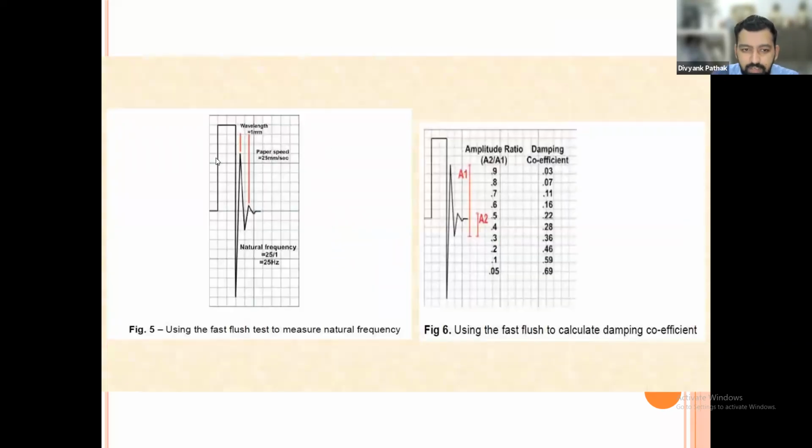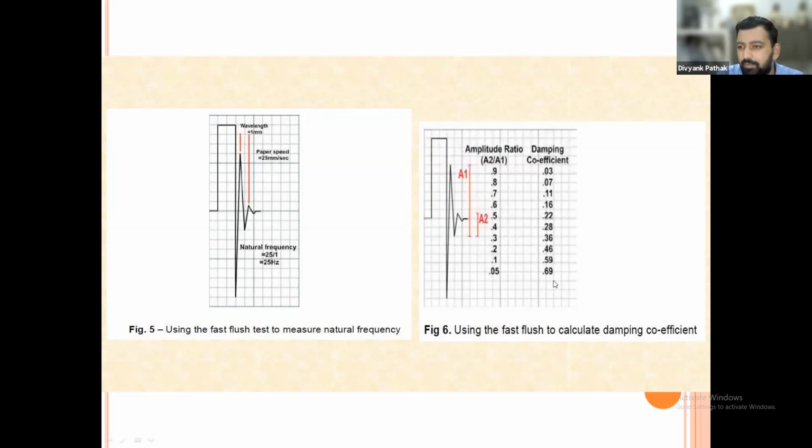Like this is the first waveform, this is the second waveform, and this is the first amplitude and the second amplitude. By dividing the amplitudes, we get the amplitude ratio, and there is a chart of the dampening coefficient.